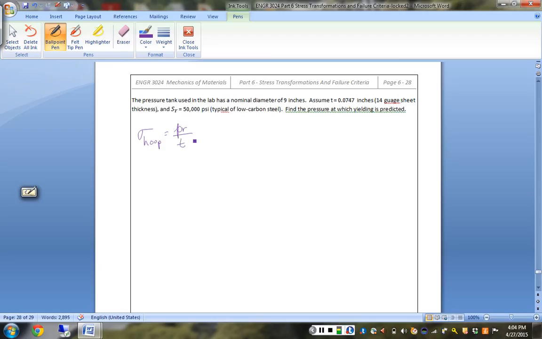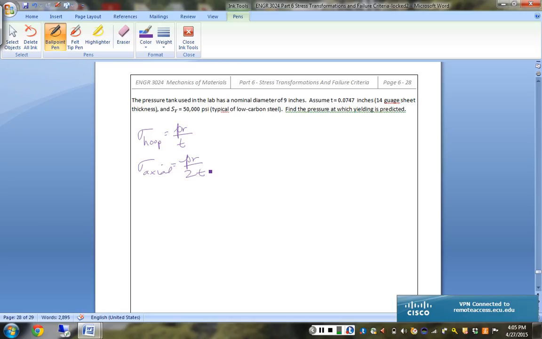We know that in the hoop direction, a cylindrical pressure vessel has stress PR over T, and in the axial direction that's PR over 2T. If we've got a spherical vessel, what's different? It's the same in all directions.